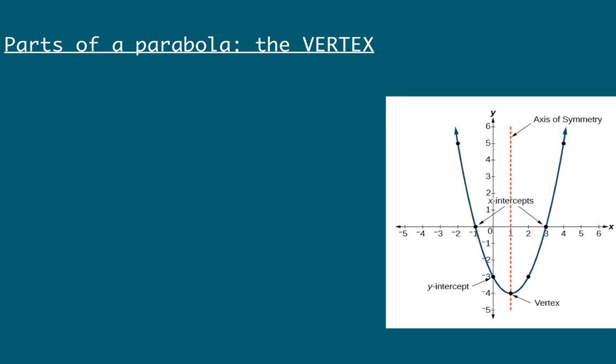So let's take a look at some parts of a parabola. These are some key parts that we're going to learn to identify when we are looking at functions that represent parabolas. So the first one is the vertex of the parabola. That is the extreme point of the parabola. It is our extreme point on the graph.